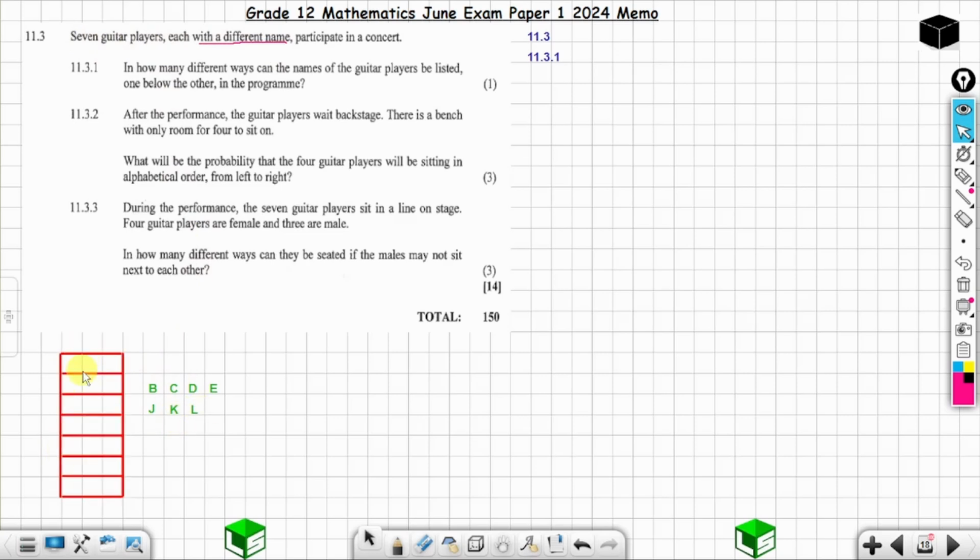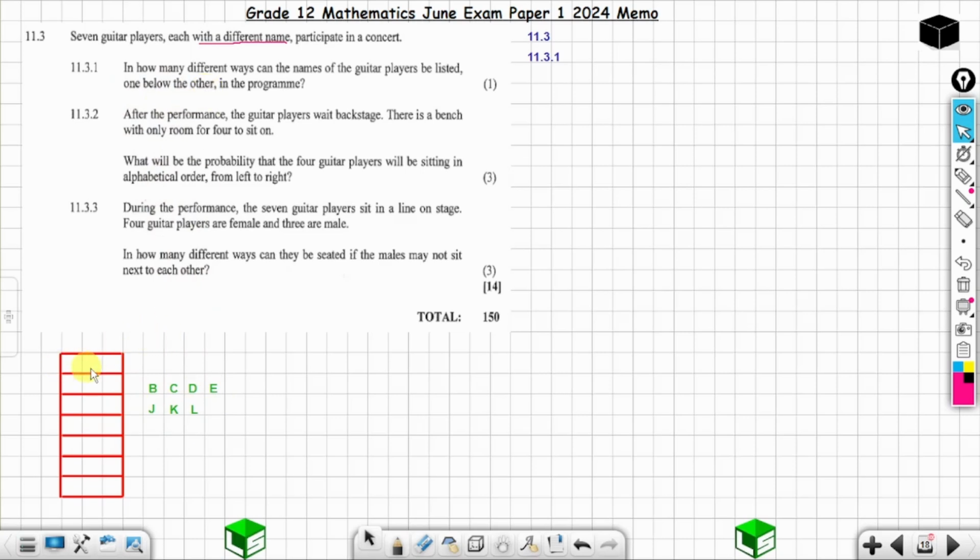So I'm going to use this to put their names. I've got 7 places to put their names. Now I have 7 players. We have to put their names one below the other.